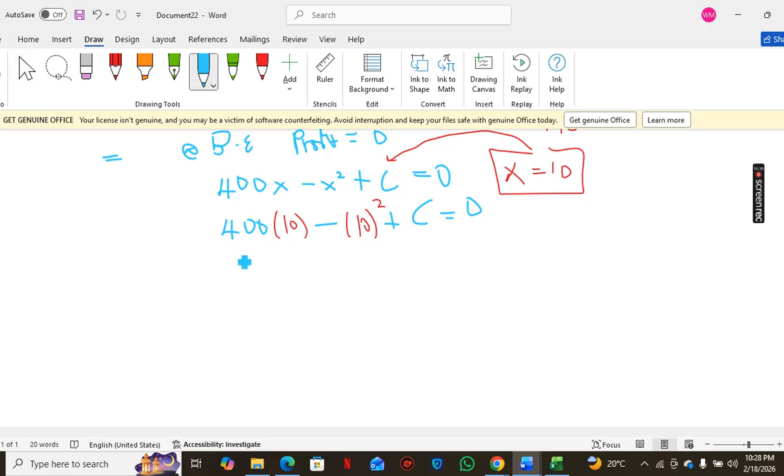So 400 times 10, that is 4,000. 10 squared, that is 100, plus c equals 0.